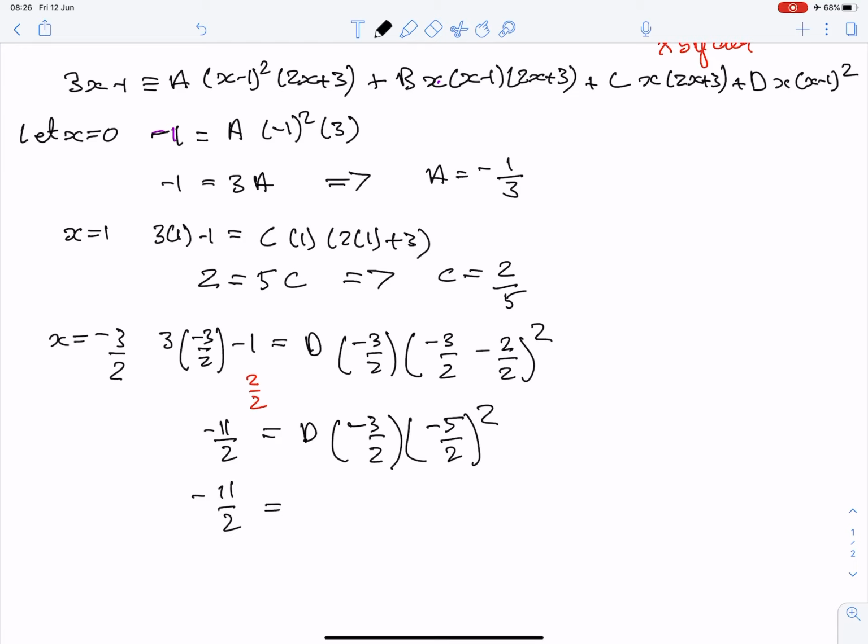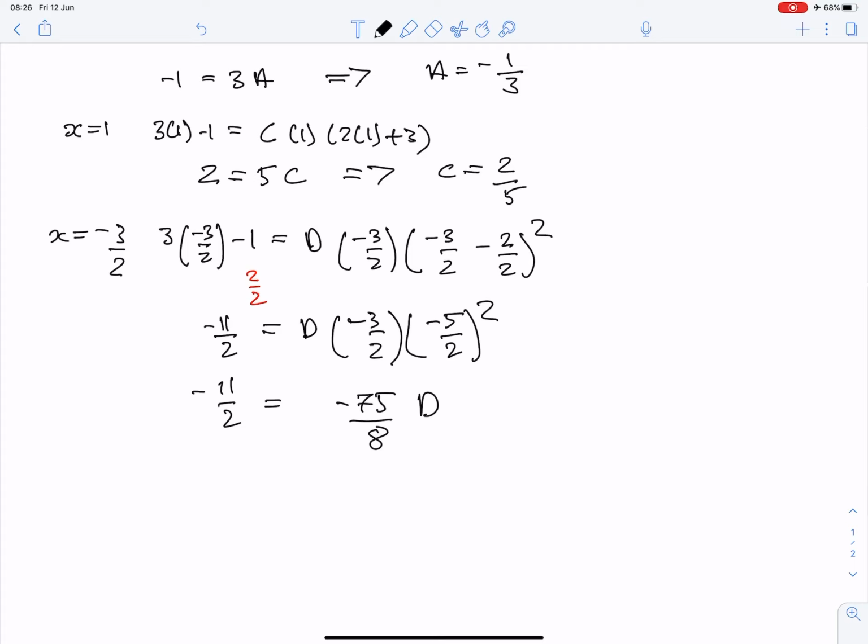Negative 5 squared is 25, so it's minus 75 over 8 lots of D. So multiply up by the 8, we get minus 44 over negative 75 equals D. So D equals 44 over 75.